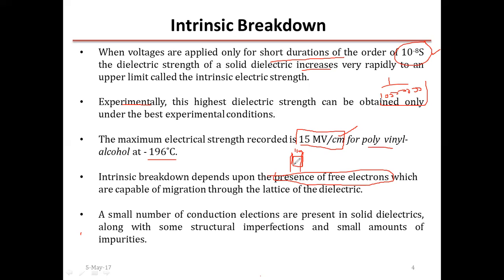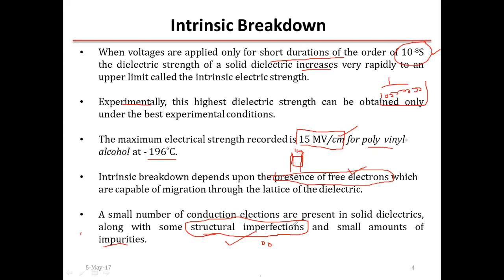So how do these free electrons come about? These electrons actually come from structural imperfection. In industry, if these insulators are not manufactured in a good manner, meaning if we have pores, these are structural imperfections, and a small amount of impurities is present.